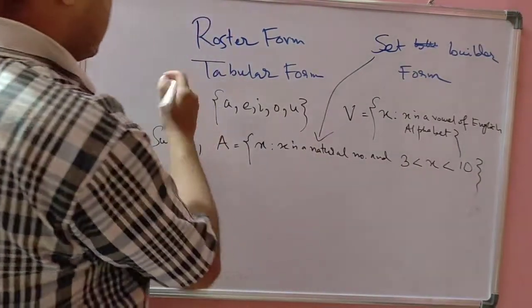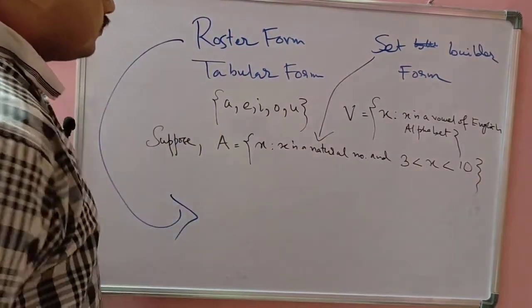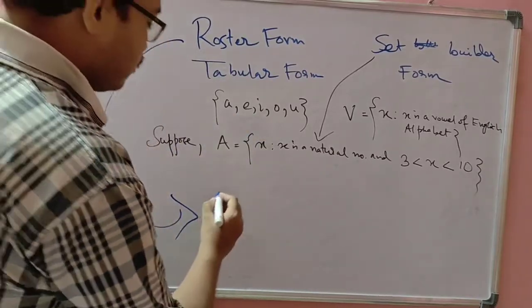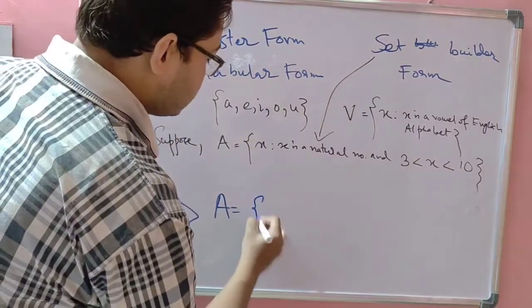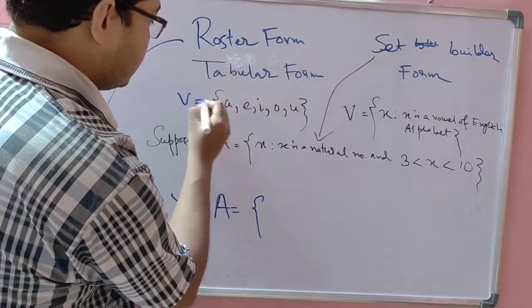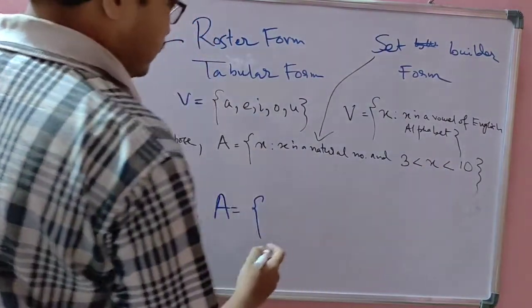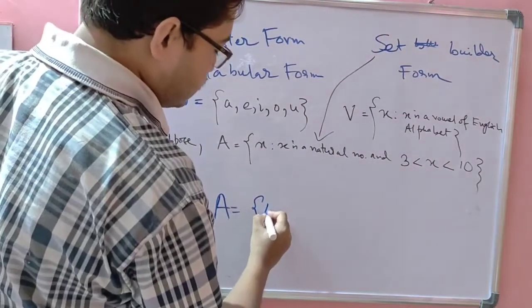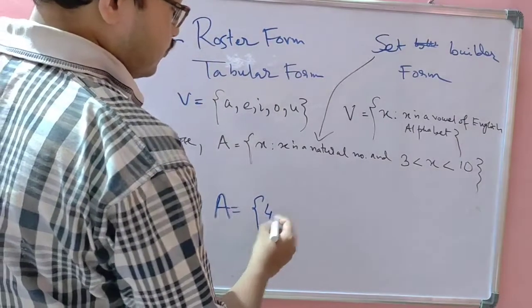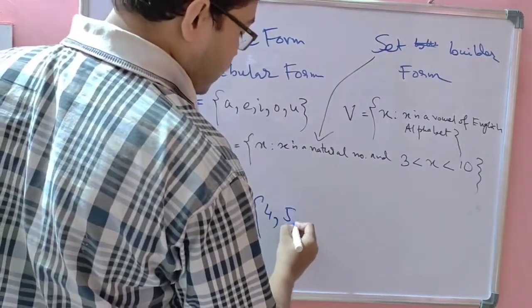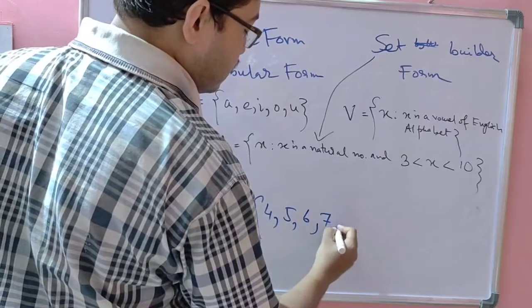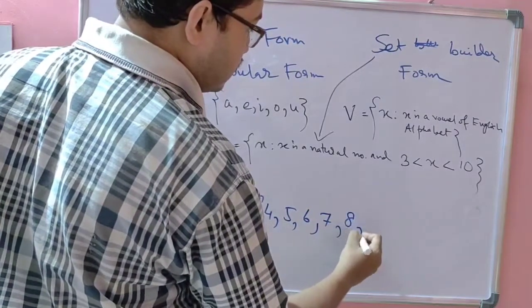How can we write it in tabular form? The A set will be natural numbers, that means we will use 4, 5, 6, 7, 8, 9.